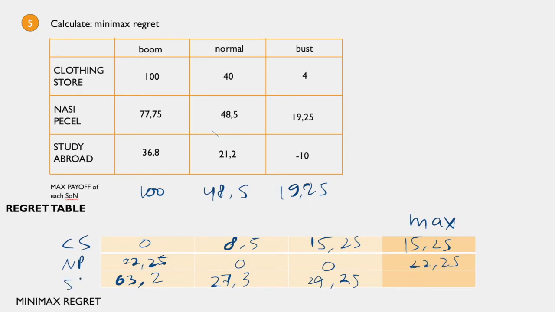And for study abroad, the maximum regret is 63.2. So from these maximum regrets, we choose the smallest one because we want to minimize it, which is 15.25. So for minimax regret, we choose clothing store.